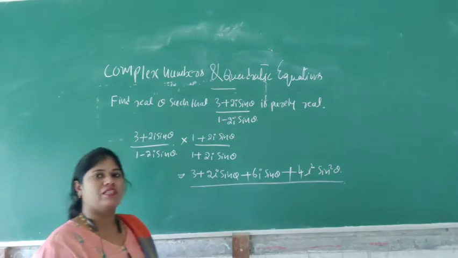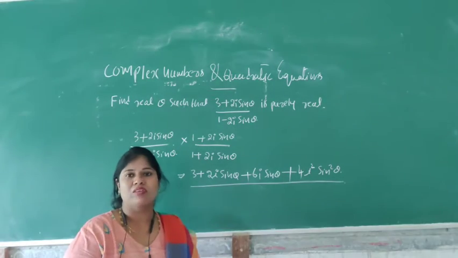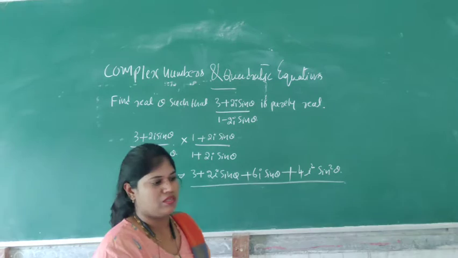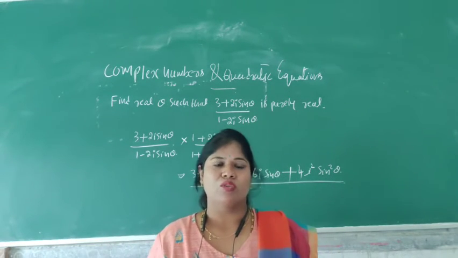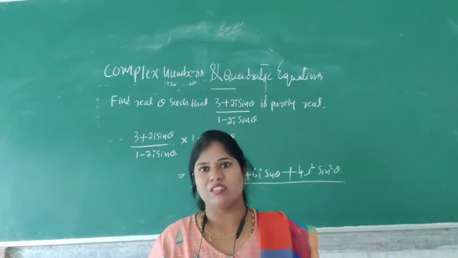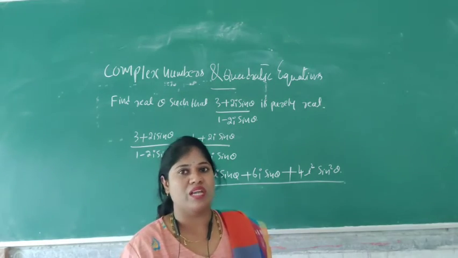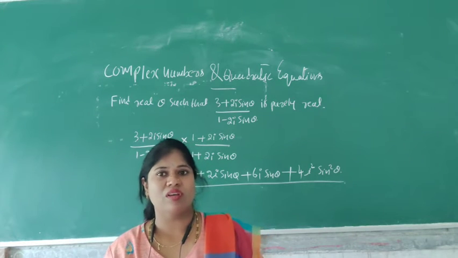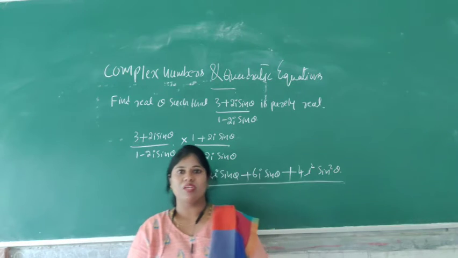Here in the denominator, which formula we have to apply? So a plus b into a minus b. Students, this a plus b into a minus b is very important. Okay. So many times we are going to apply this formula right now. Correct now? So we are using it so many times. The a square minus b square is equals to a minus b into a plus b.